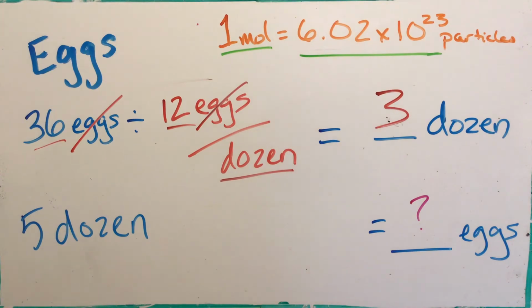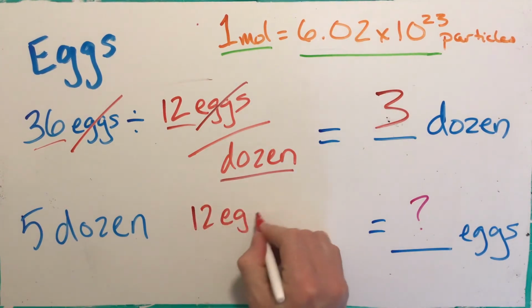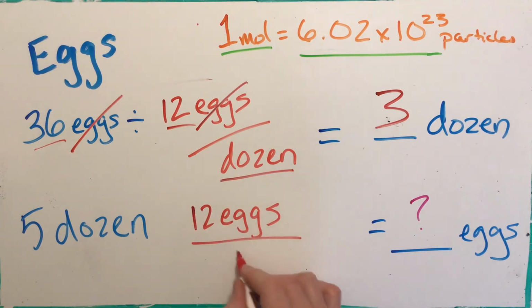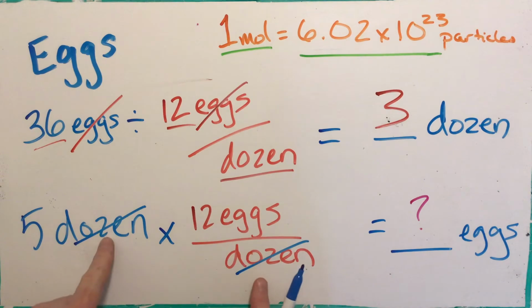So again, I'm simply going to write my conversion factor. I need to know that there's 12 eggs per dozen. And in this instance, we're going to multiply. To get the dozens to cancel out, I know that dozens on top and dozens on bottom will cancel out when I multiply.